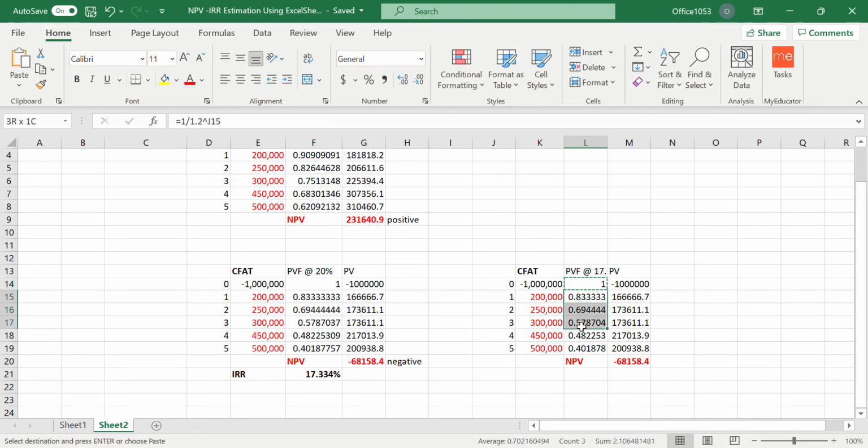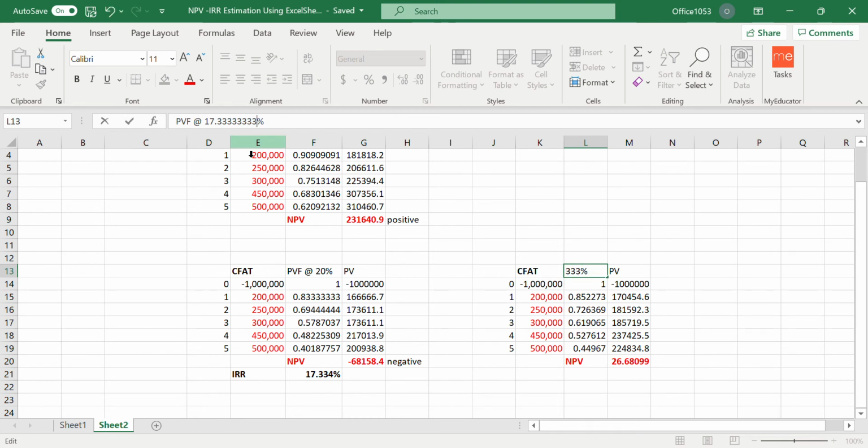We know that for the first year the present value factor will remain 1. Second year onwards it will change. So NPV is roughly 0, but that's because this is an approximation.